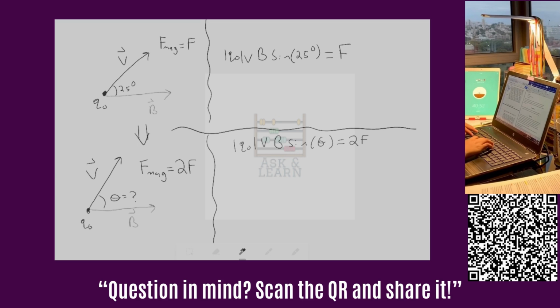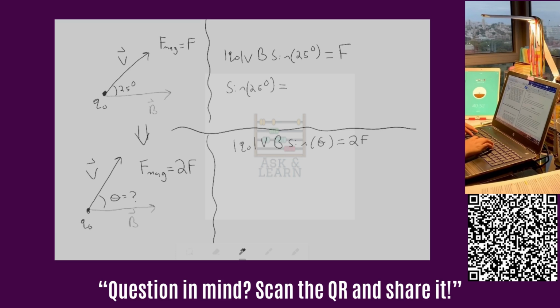Now, what we're going to do is try to relate these two through variables that we know and do not know. For the top situation, I'm going to suggest let's solve for sine of 25, mostly because sine of 25 is just a number, right? If you plug that in your calculator, you can get a number, and that's going to relate to many unknown variables that we don't know, some mathematical collection of them.